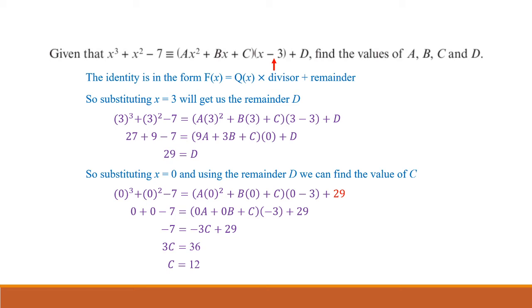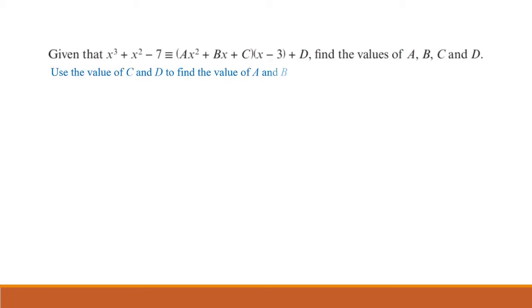Now we have two unknowns, c is equal to 12 and d is equal to 29. We can use that to find the remaining two unknowns a and b. So now I am going to use those two values c and d, and by removing the brackets and equating the coefficients, we are going to find a and b.